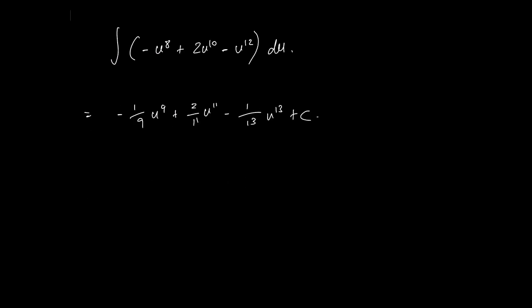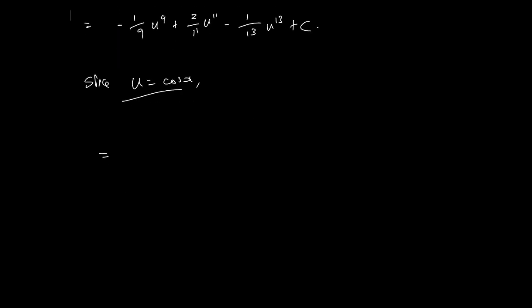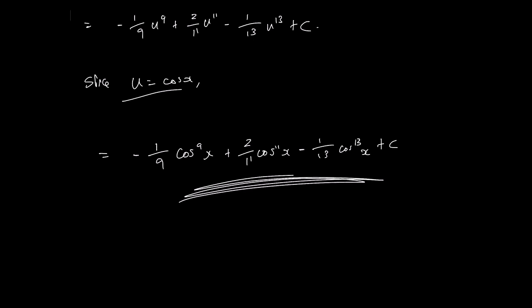Since u is equal to cos x, the final answer is negative 1 over 9 cos to the 9 x plus 2 over 11 cos to the 11 x minus 1 over 13 cos to the 13 x plus c. That's the final answer to that question.